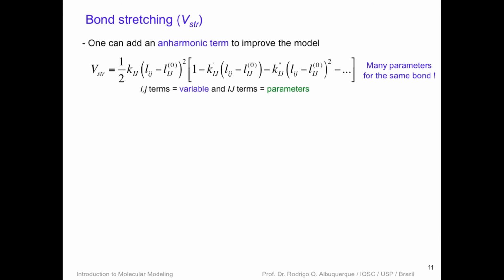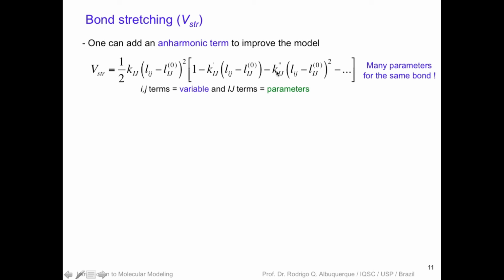One can improve the bond stretching potential by adding anharmonicity. So you can add more terms here. Instead of having only a quadratic term, you may have a cubic term and a quartic term and so on. In this case, you also have more parameters. Here you have a force constant. Here you have another force constant, K prime.